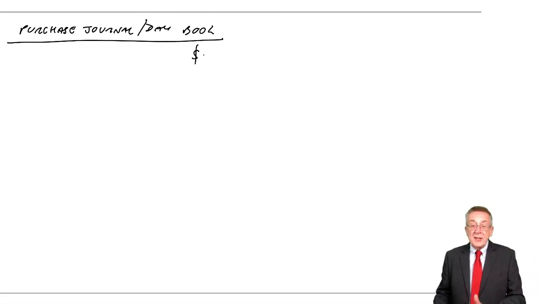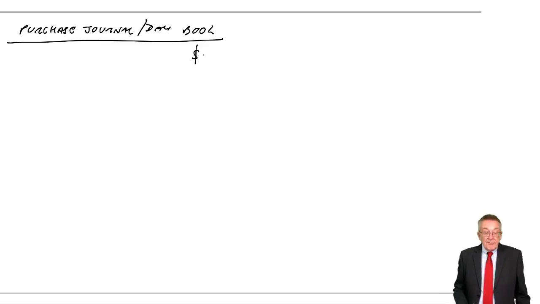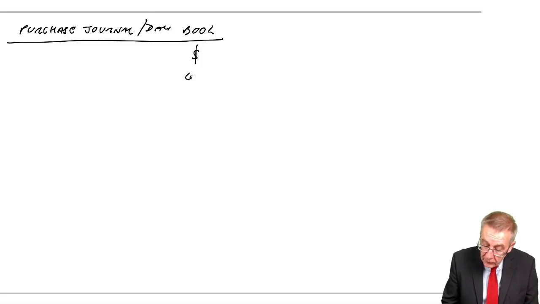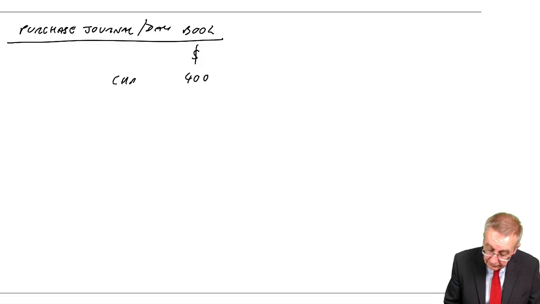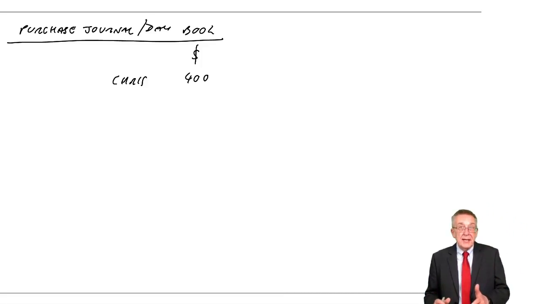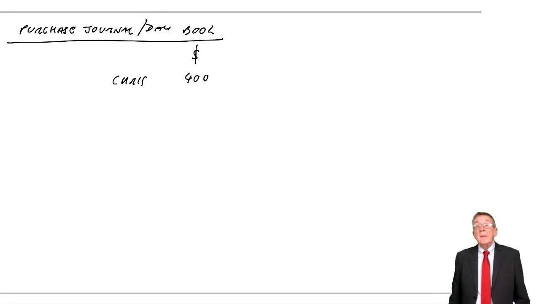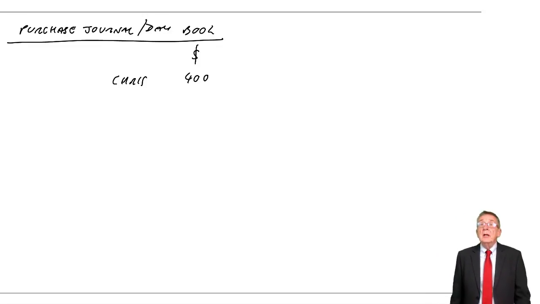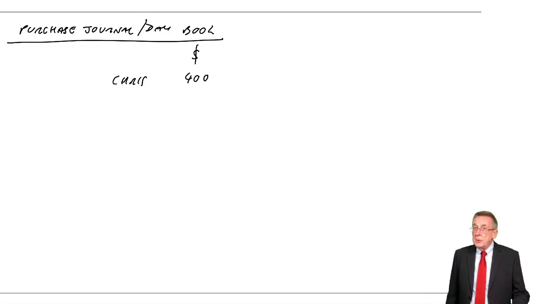And here we've no need to have several columns, because these are all going to be purchases on credit. But we just make a note. It was 400. It was Chris, which I can't spell. Again, sorry for repeating, but there's no debit, no credit. Later, at the end of the month, we'll come through and do the debits, do the credits.